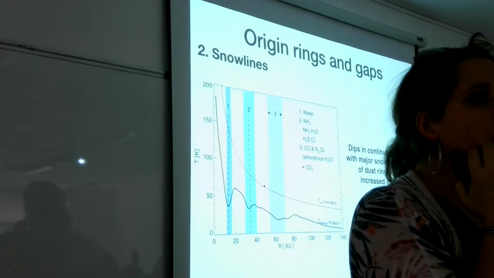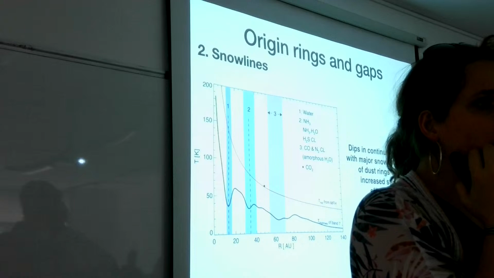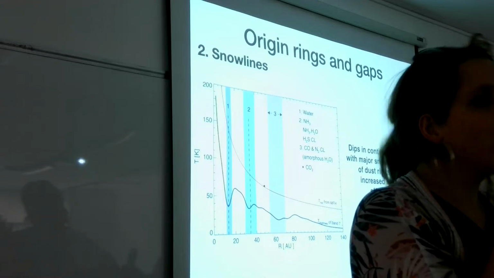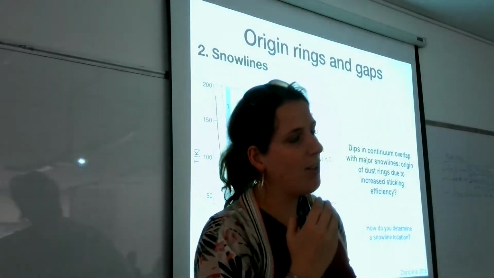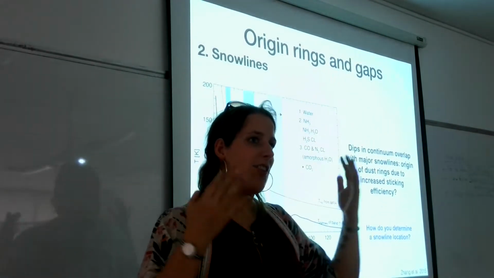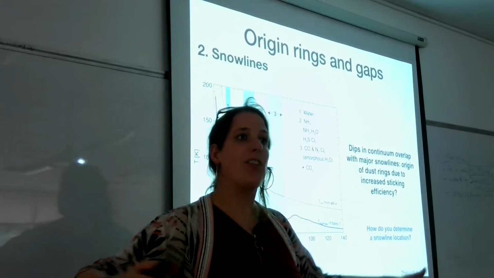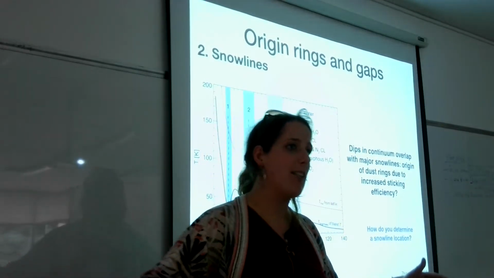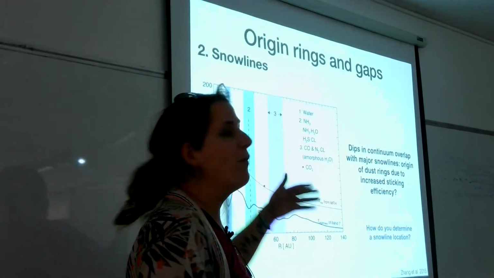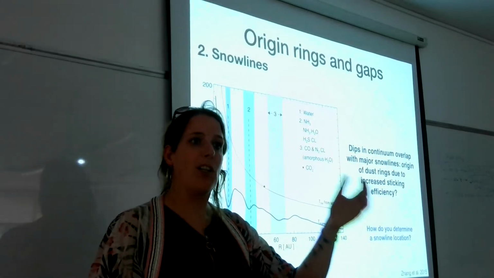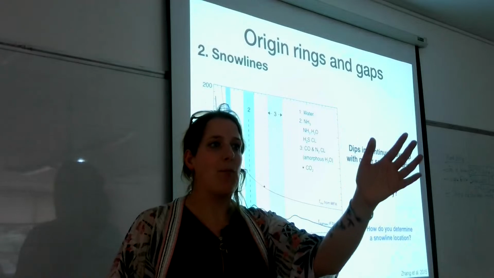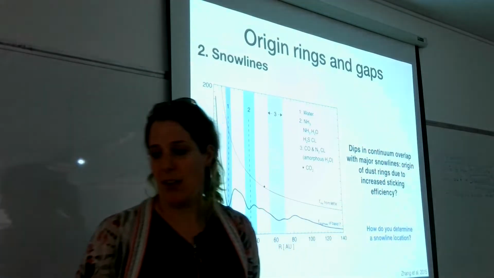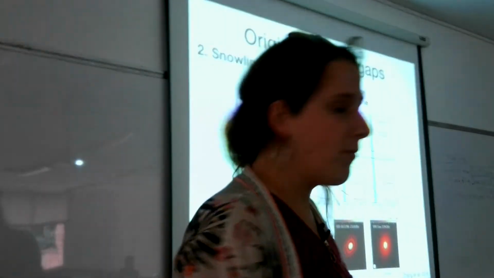Yeah, exactly. So the brightness of the star sets the temperature profile throughout the disk. And then we know at what temperatures different molecules freeze out, so we can find the exact radii where the temperature drops below that. So very good.